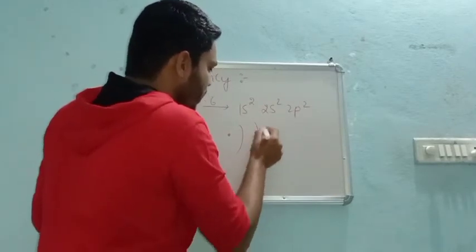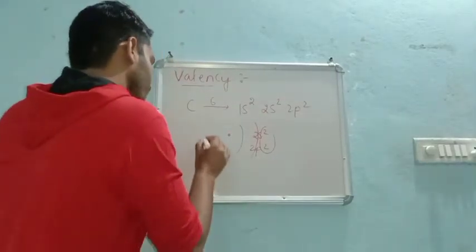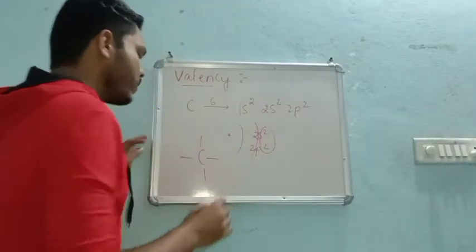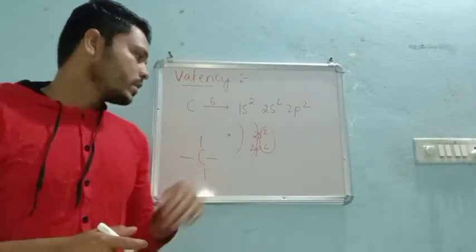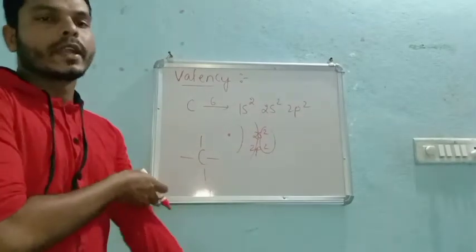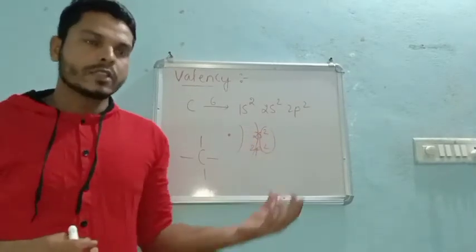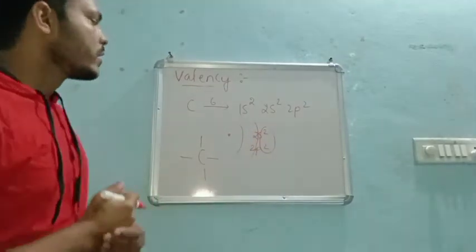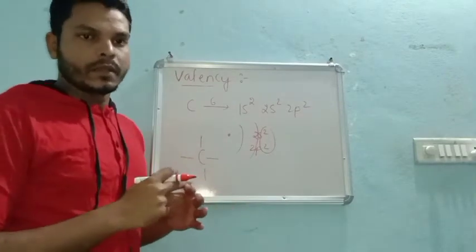There are 4 electrons. So that's why around the carbon we always see 4 bonds, right? Why? Because there are 4 electrons in the valence shell of carbon. So that's why carbon always shows 4 bonds around it, right?